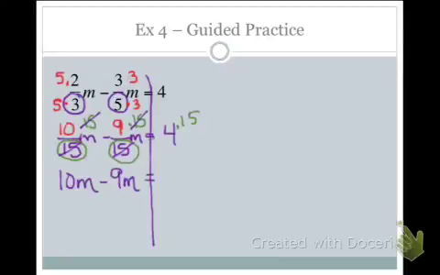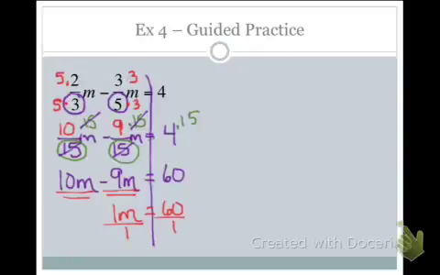On the right-hand side, I end up with 4 times 15, which is 60. So then if I combine similar terms on the left-hand side, 10 m's take away 9 m's leaves me with 1 m. And then you can stop there because it's a positive 1 m, or you can divide that 1 away, but you still get m to be 60 for our final answer.